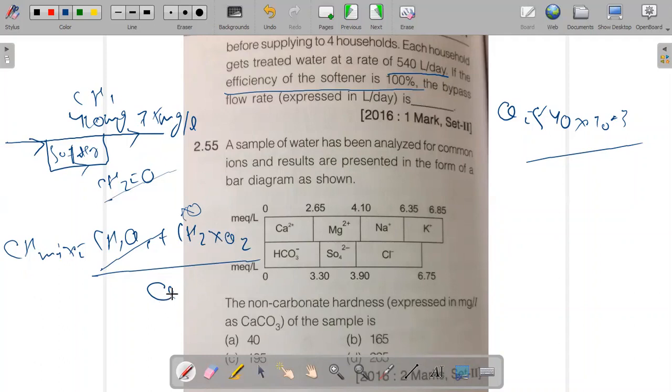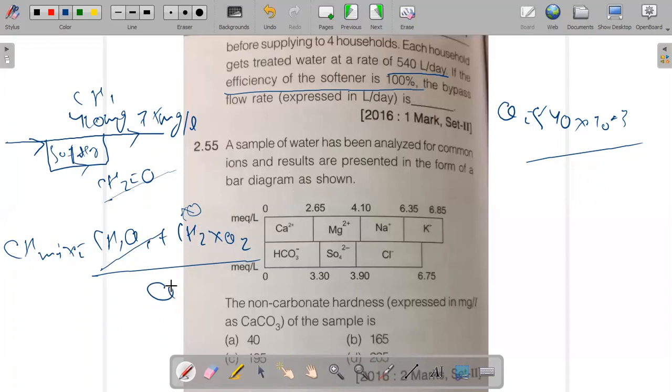This is basically a long method, and in the GATE examination there is very little time, so we generally avoid adopting these long methods. So we need to follow the shortest method we can get.